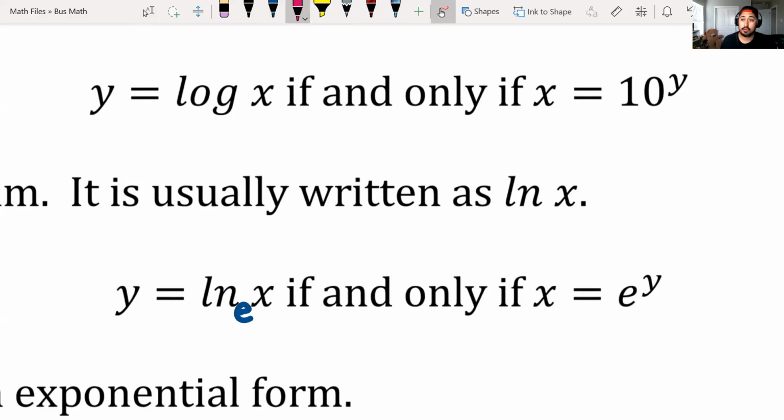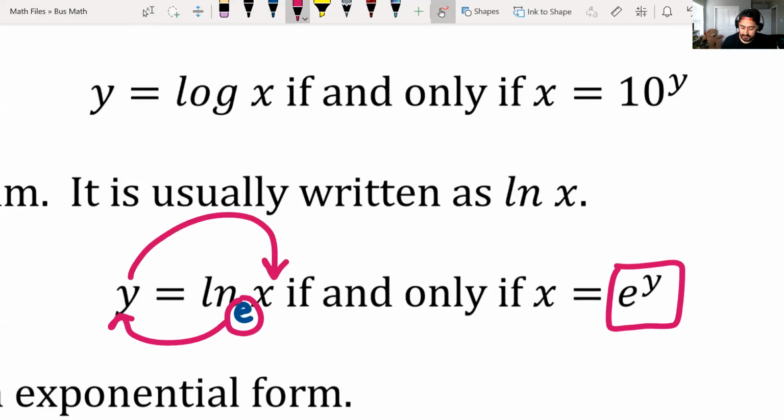And then we convert from log to exponential. And you take this little base of e, raise it to the outside number of y, which is right here. And then you set it equal to the inside number of x, which is right there. That's it. Nothing else to it.